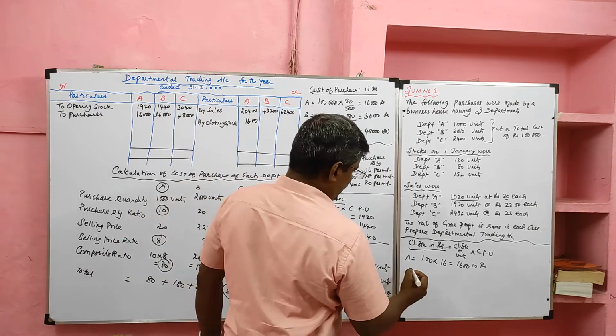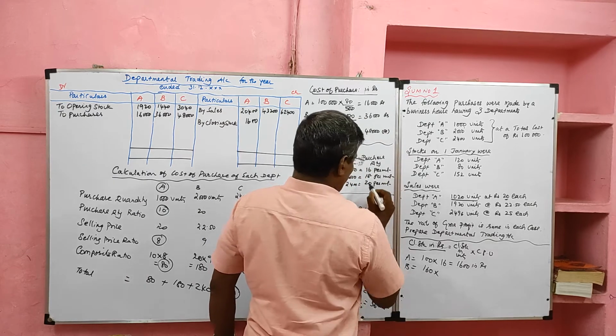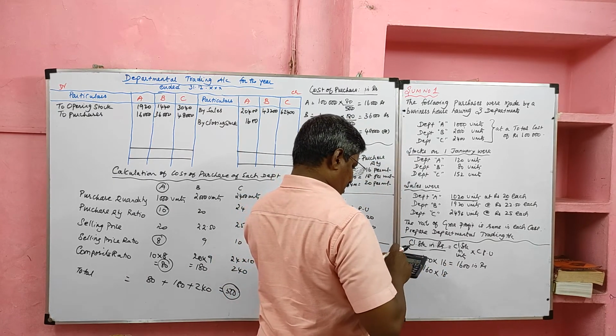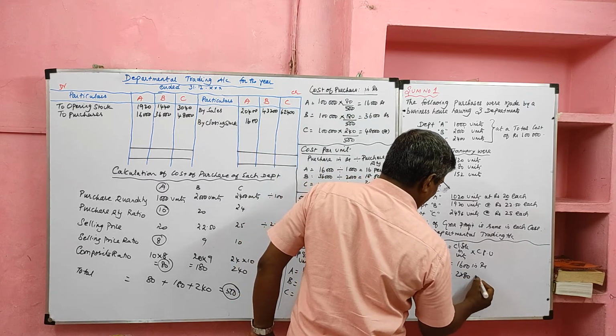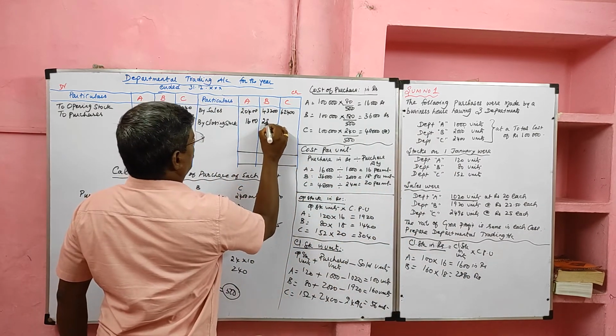Then for department B, they had closing stock 160, each cost how much? 18 rupees. So 160 into 18, we get 2880 rupees.